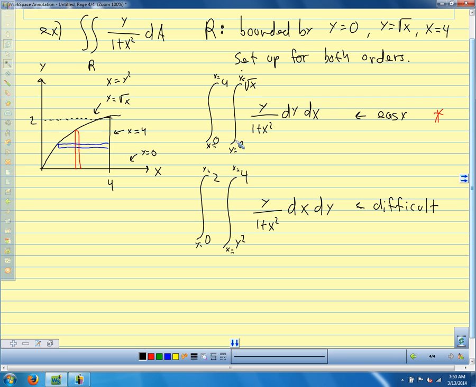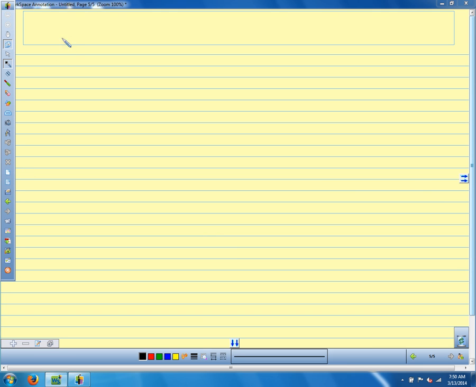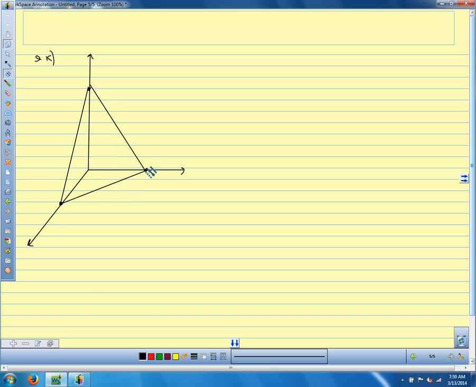All right, let's set up the problem in a slightly different way. So for this one, we're just given a sketch of this piece, and these points are 2, 2, and 2.